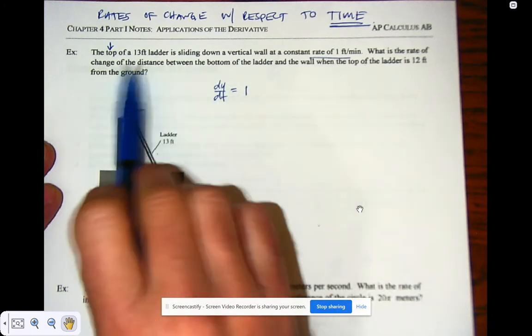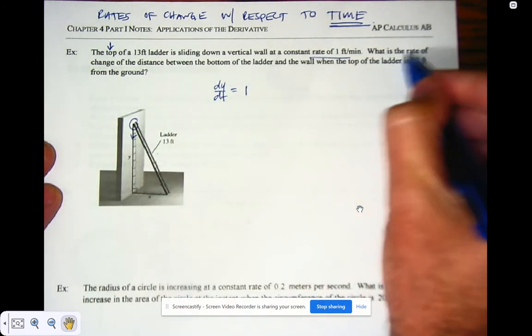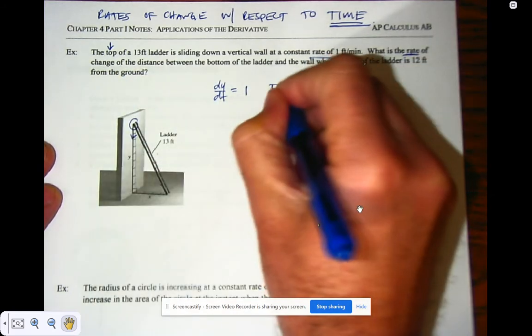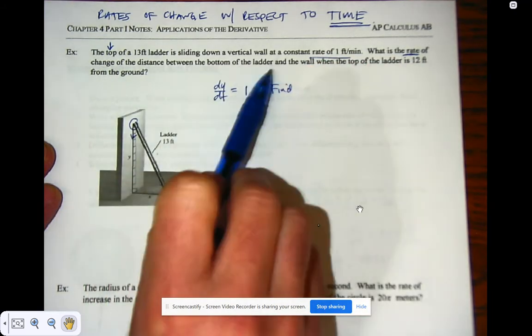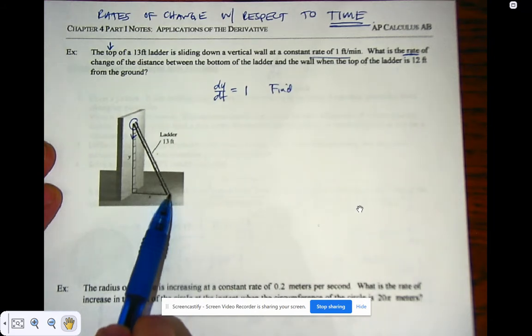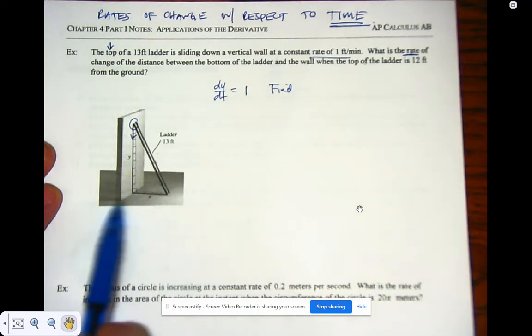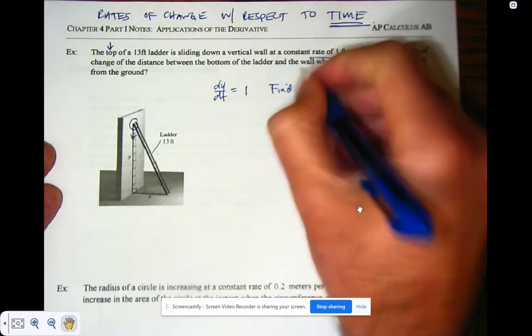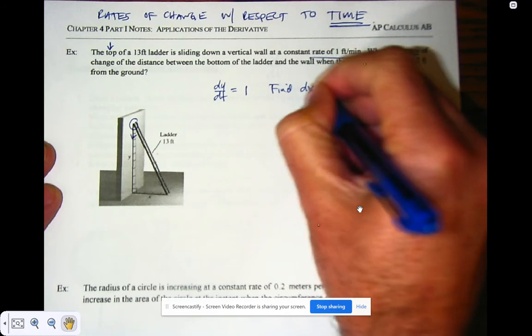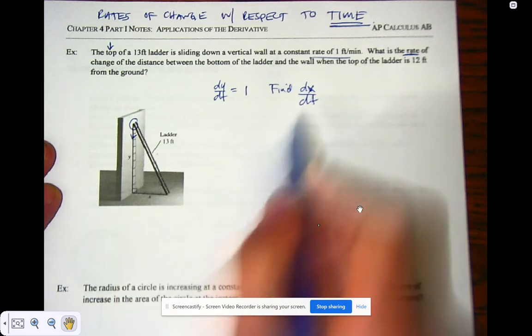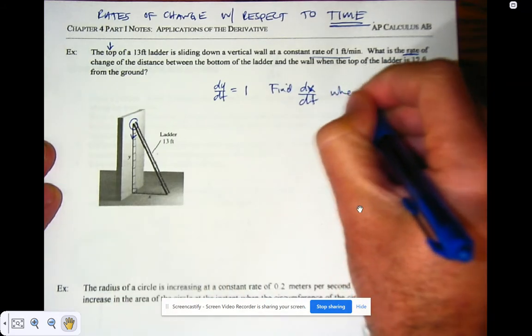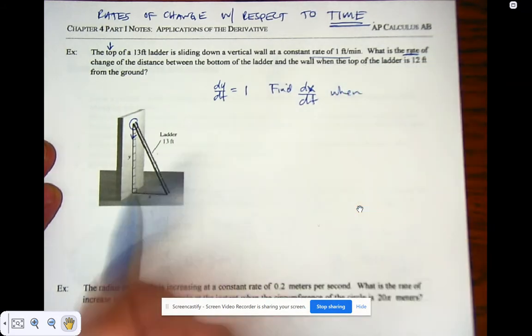So let's do the first part. What is the rate? So we are supposed to find the distance between the bottom of the ladder and the wall. There's the bottom of the ladder. There's the wall. That's x. So find, it's a rate. So you're looking for dx/dt, right? Find the rate of change of x with respect to time when the ladder is 12 feet from the ground.